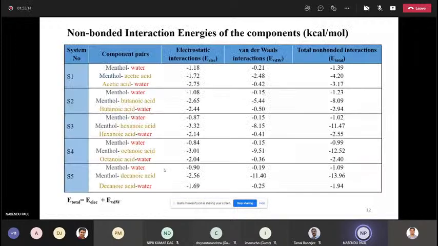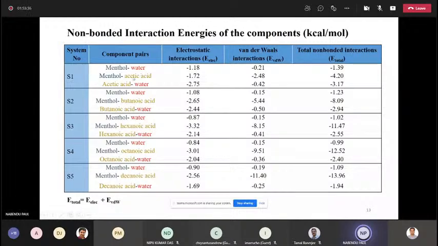The first result that needs to be observed is the non-bonded interaction energies of all the components, which is in kilocalorie per mole. Here I have segregated these systems, and the total non-bonded interaction energy is divided into 2 parts. One is electrostatic interaction, the second one is van der Waals interaction.